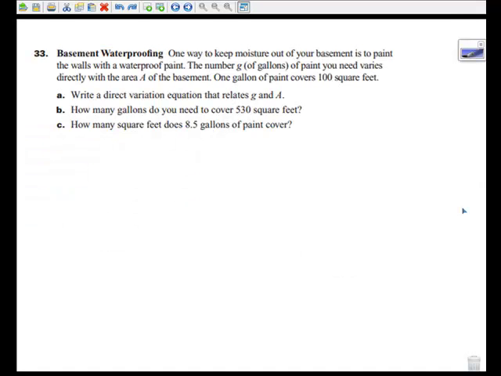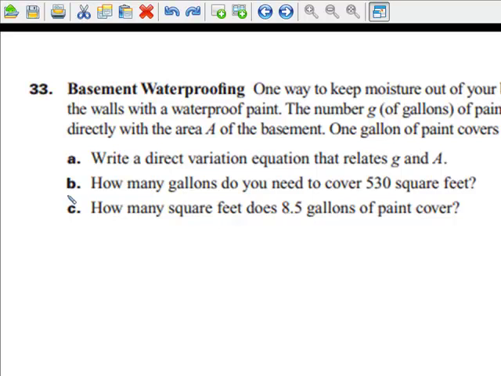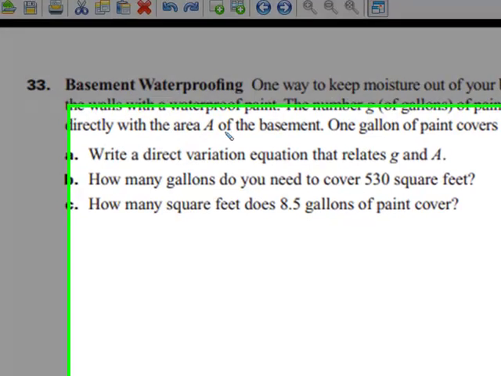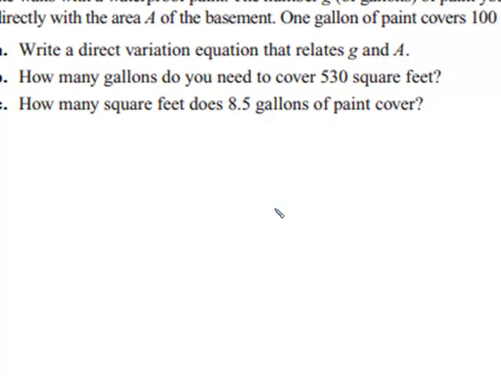All right, here comes the best part of this, your story problem. We've got basement waterproofing. One way to keep moisture out of your basement is to paint the walls with a waterproof paint. The number of gallons, G, is going to vary directly with the area of the basement. So my gallons is going to be like my y.